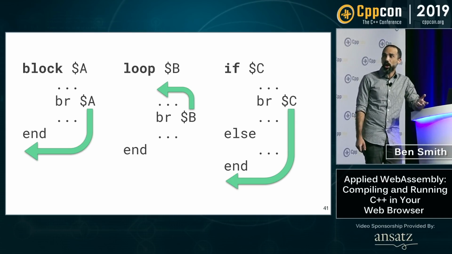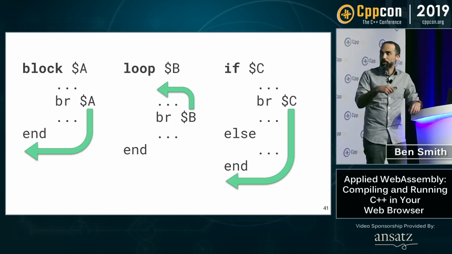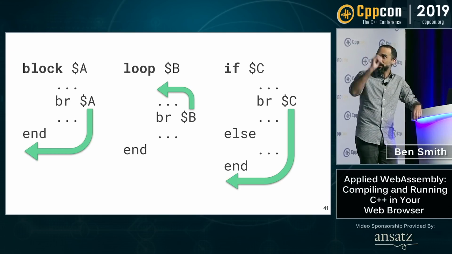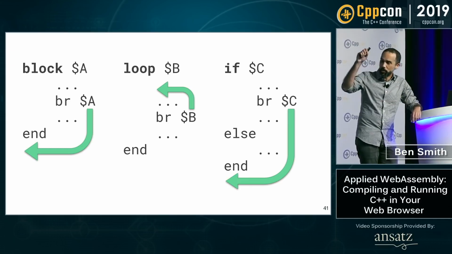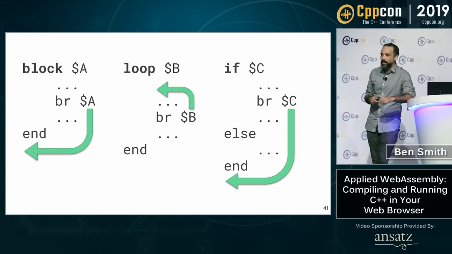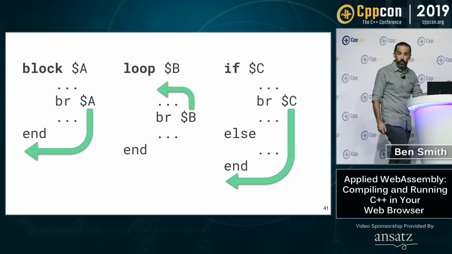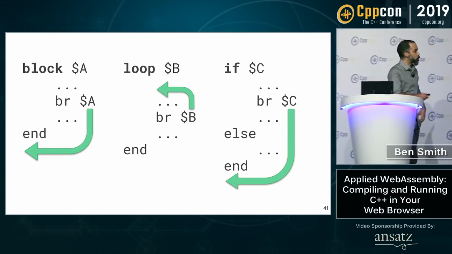We have a block, and when you branch to a block, it branches out to the bottom of it. We have a loop, which means when you branch to it, it branches to the top of it. And you can also have structures like if, which allow you to branch outside of it. If is sort of syntactic sugar. You don't need it, but it does make the code a little bit smaller, which is important when you want to send it over the web.